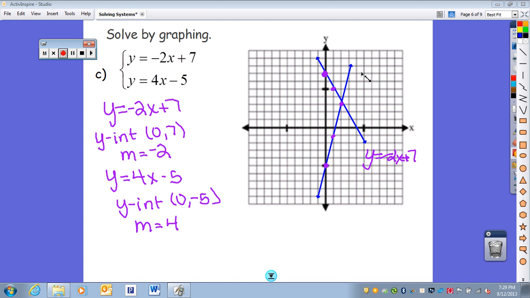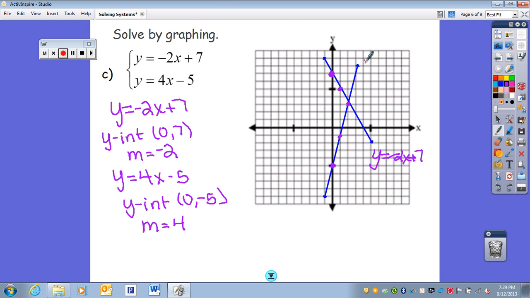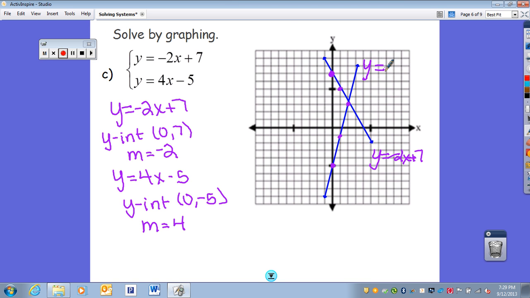I'll draw my line, and then I will label my line with its equation, which is y equals 4x minus 5. And I can see on the graph that my point of intersection is at the point positive 2, positive 3. I can again check this algebraically by substituting the point 2, 3 into both equations, and that should be correct.